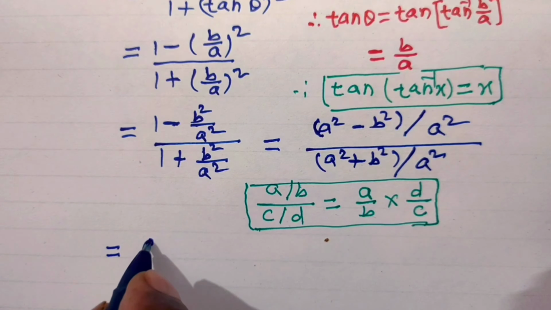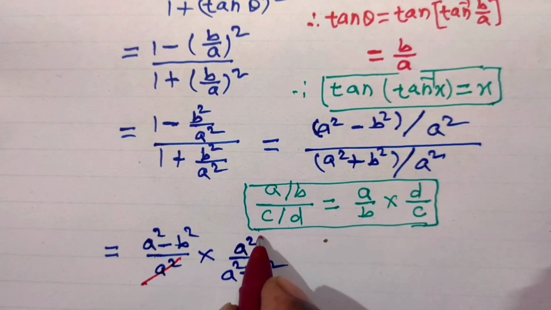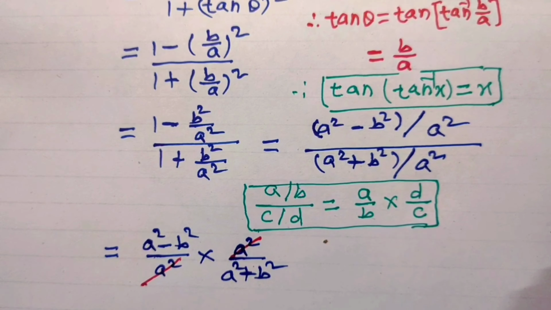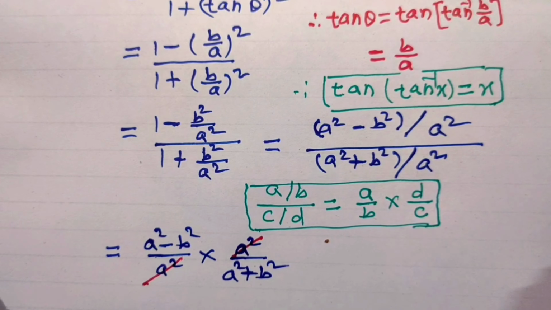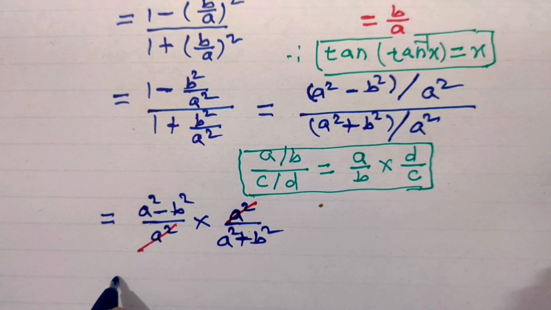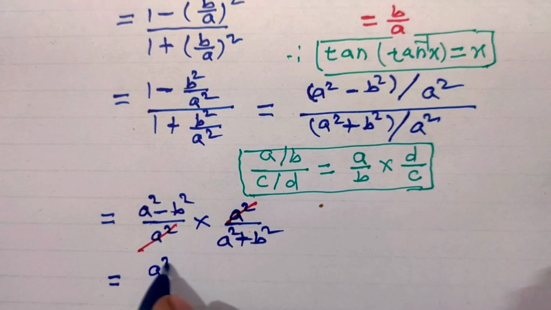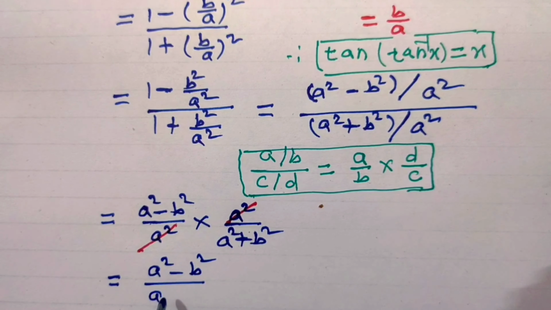Now this a square cancels with this a square, and the remaining part is a square minus b square divided by a square plus b square.